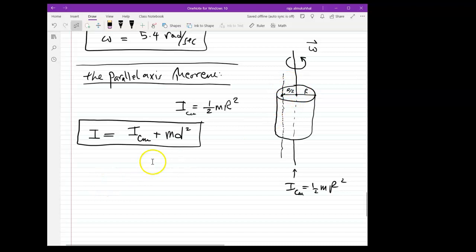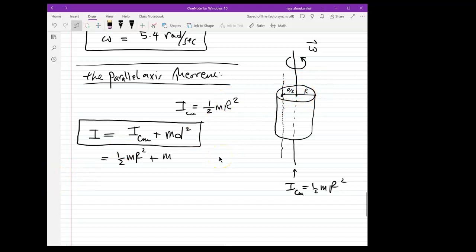Okay? Got it? So in other words, if I want to calculate the moment of inertia of a cylinder rotating off center, all I need to know is how far the axis of rotation is from the center. Once I know, I can calculate that. So for our case here, it's going to be 1/2 mr squared plus m, how far is it from the center? r/2.